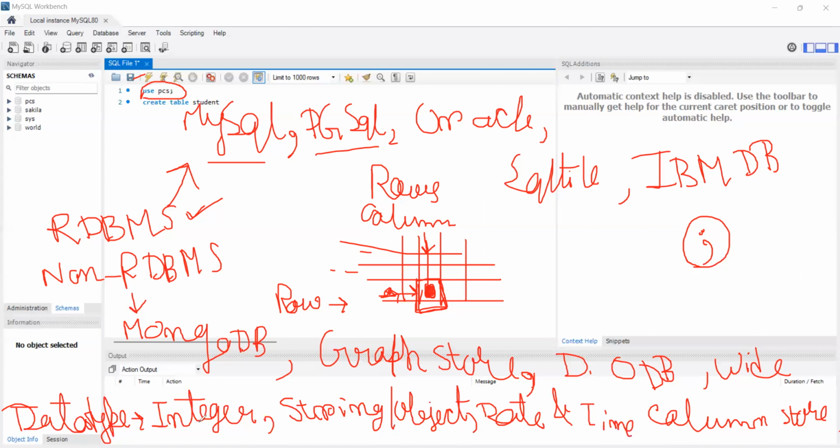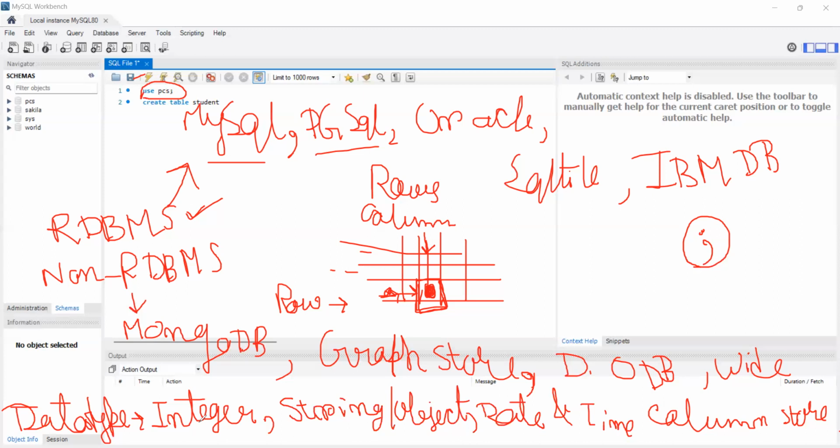Integer or float, that is the numerical data type, you can say numerical. I am just clearly writing integer. You can say it's numerical. Then string or object data type, then date and time. This type of data we use to perform in SQL. Okay.